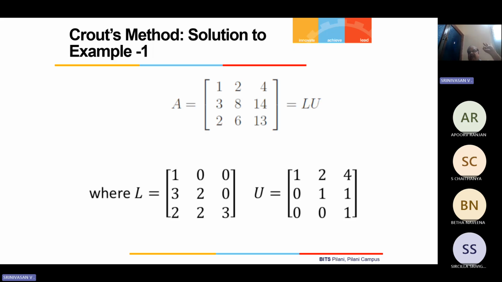These are the only 3 entries you need to find, and the diagonal ones are each equal to 1 by condition. Of course, being upper triangular, the entries below are all zeros. Coming to L, those 3 are zeros by the definition of a lower triangular matrix. So we need to find about 6 entries: L11, L21, L22, L31, L32, L33. How are we going to find them? Let's see how we got this answer.